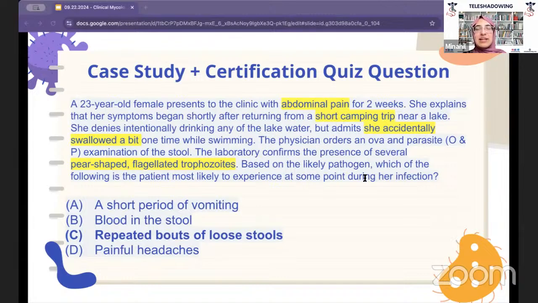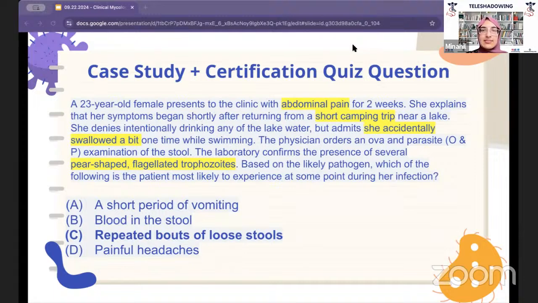So the presence of the pear-shaped flagellated trophozoites in the stool points to Giardia lamblia, which is a parasite that causes giardiasis. And this infection is commonly associated with contaminated water sources, especially lakes or rivers, making her camping trip a likely source. And the Giardia infection typically causes prolonged foul-smelling, fatty diarrhea.